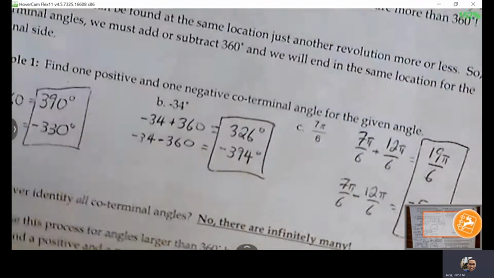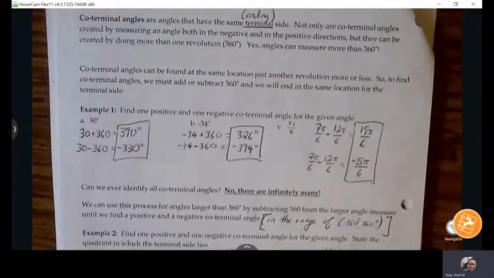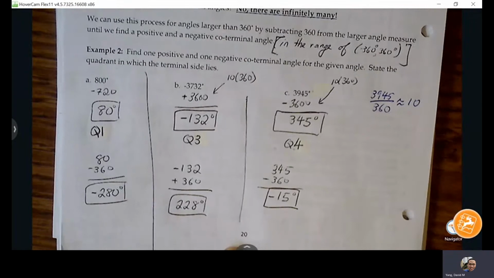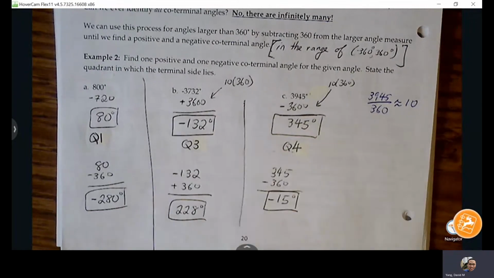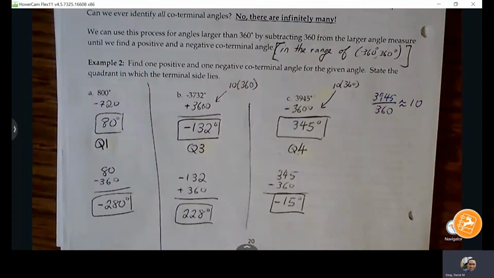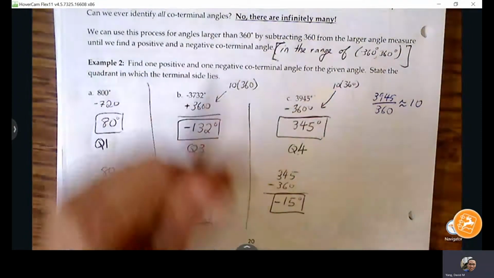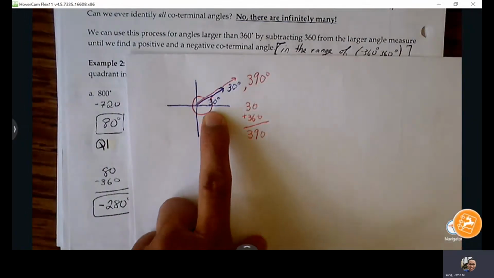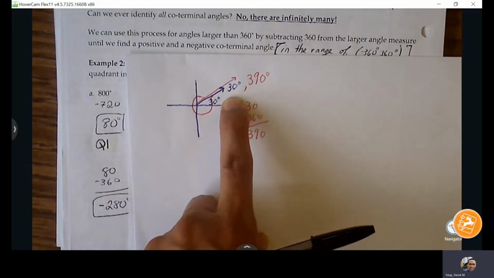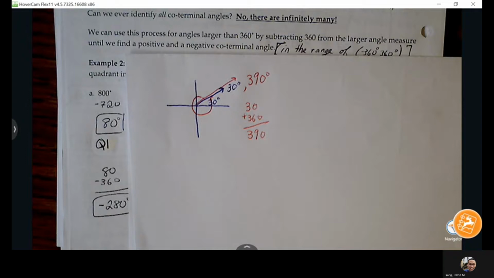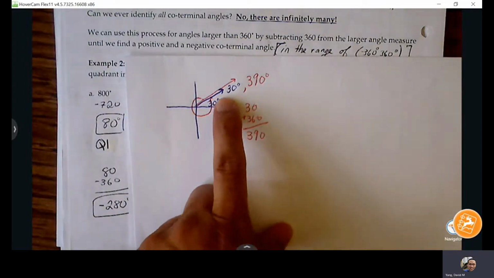Okay, this is page 20. I just want to do a quick recap. So the idea with coterminal angles is that whatever the terminal side is, it could be a terminal side that's 30 degrees.